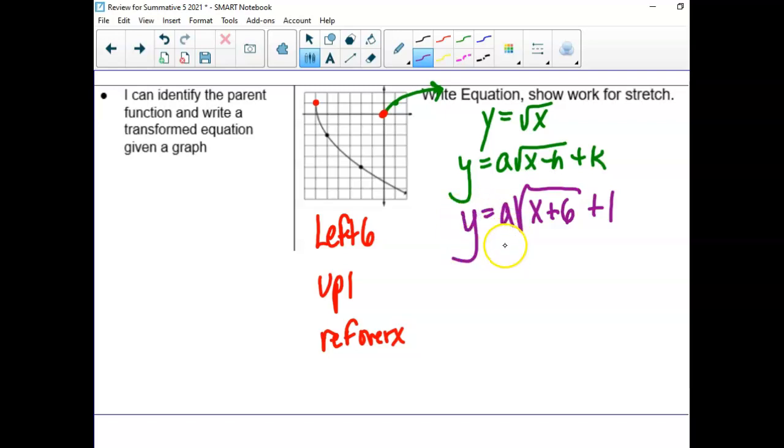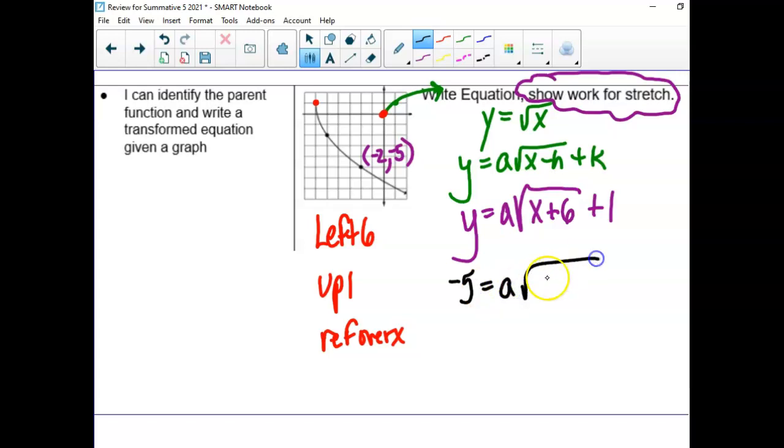This is where we had to find the A, and it will say show work for the stretch. Okay, that's the A. So we need to put an ordered pair in. Can I pick this one? -2, what is that? 1, 2, 3, 4, 5. Anybody getting that that's -2, -5? Do I have the ordered pair right? Okay, so I'm going to put in a y of -5 when x is -2.